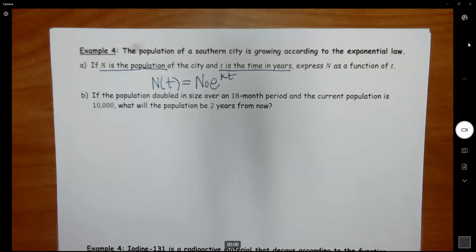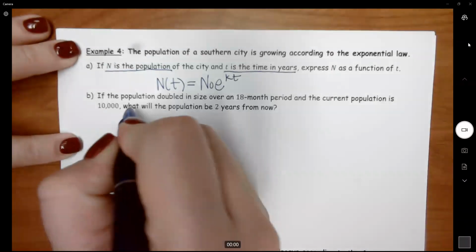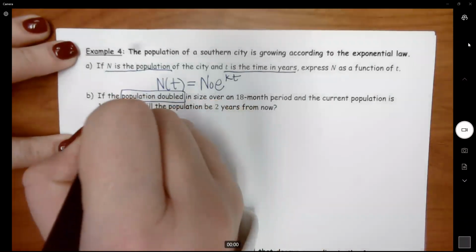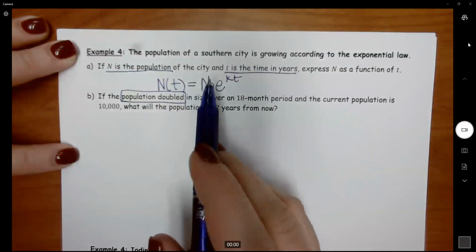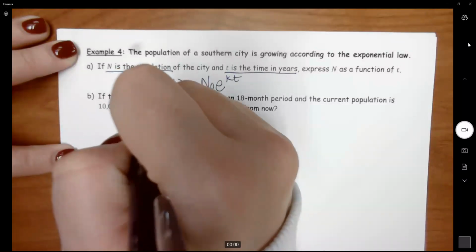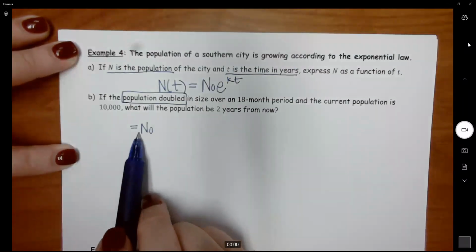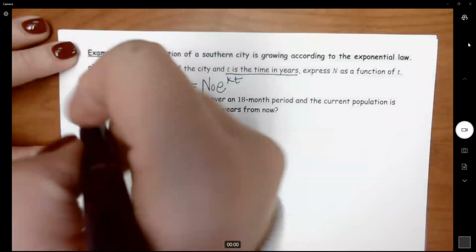A couple things. All we really know here is that the population is doubling. So if I go with my N naught here, I know whatever N naught is, this has to be twice what we started with.